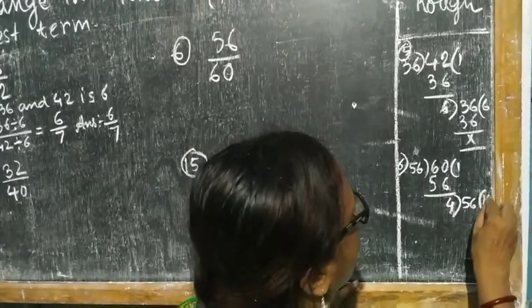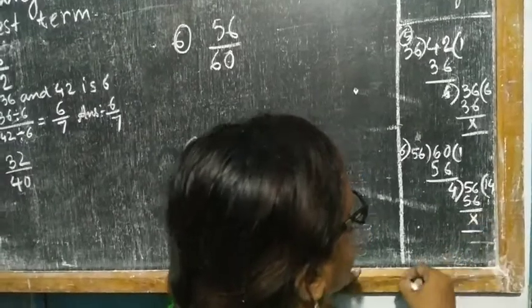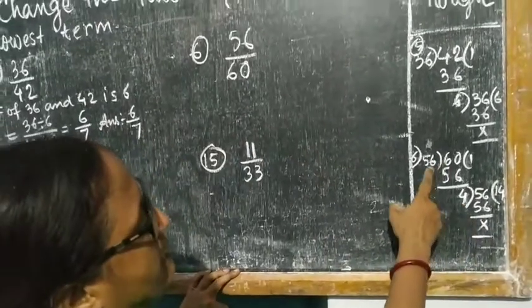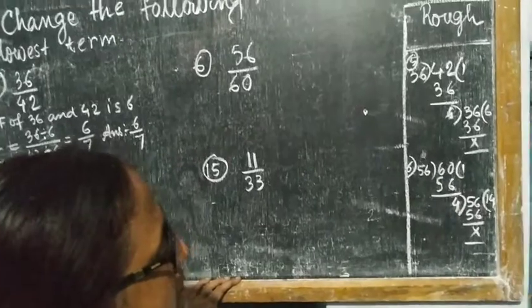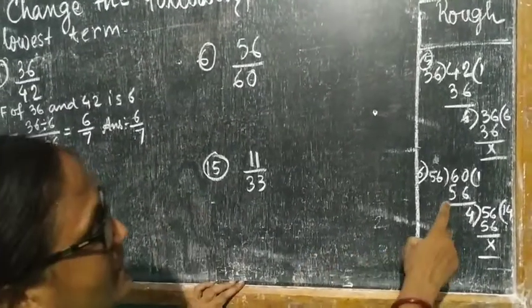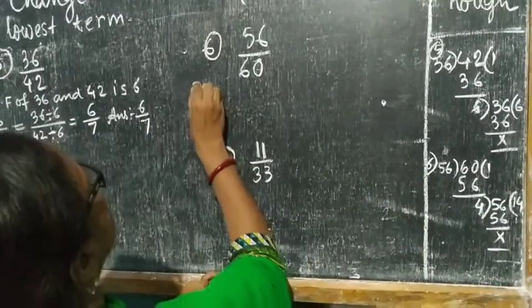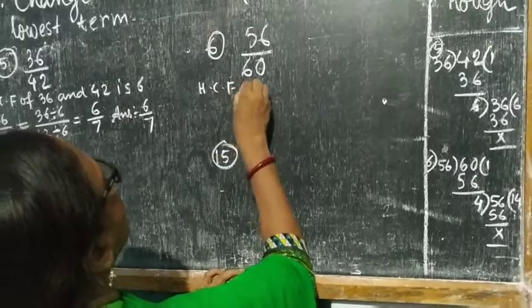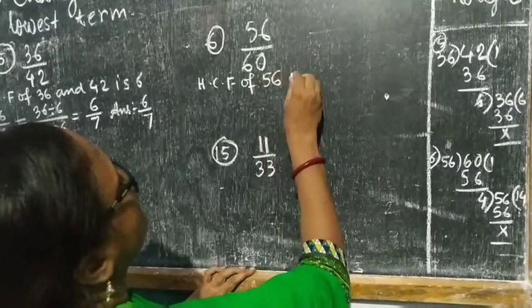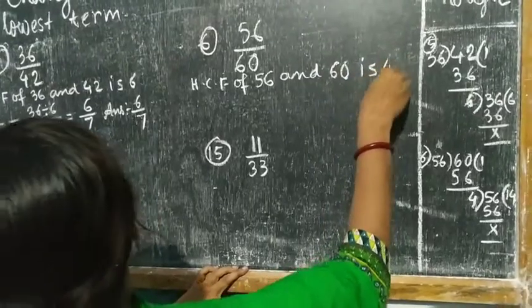So 4 14s are 56. So the HCF of 56 and 60 is 4. So write HCF of 56 and 60 is 4.